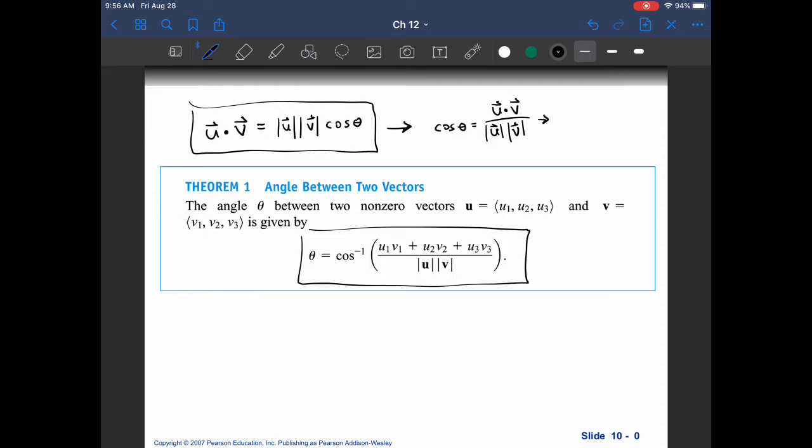And then that gives us cosine theta equals, and then we do this dot product. Let me write it this way, so maybe it'll be a little more clear. Theta equals the arc cosine of u dot v over the magnitude of u times the magnitude of v, like that.